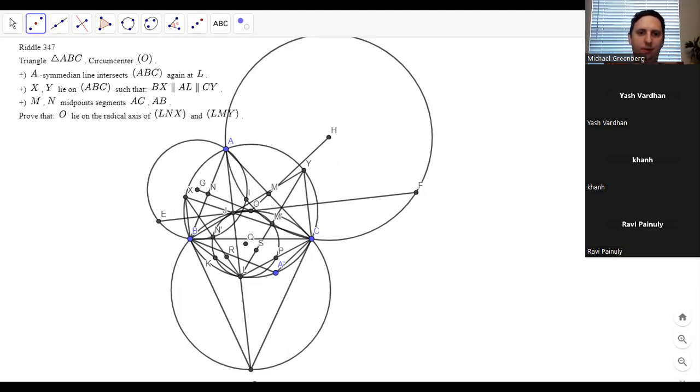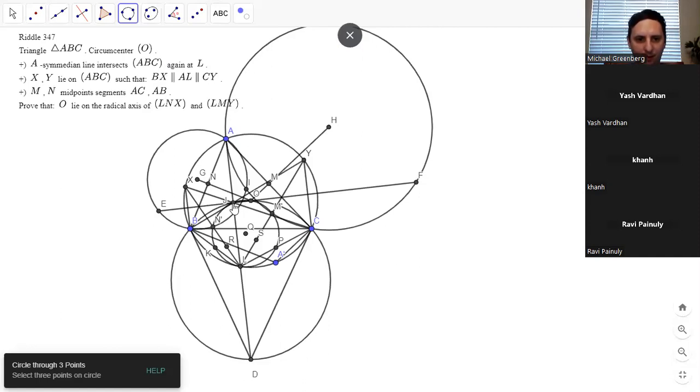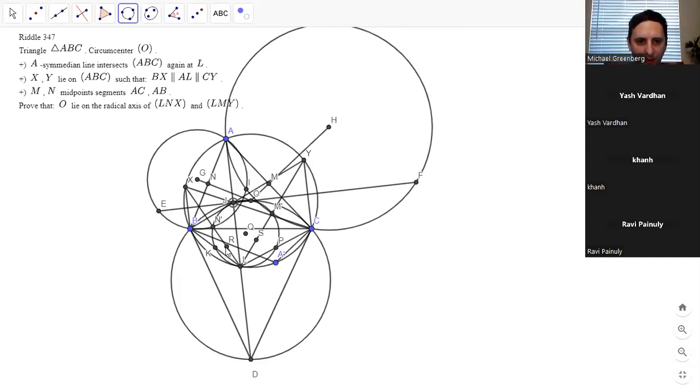I don't know if that's just doing a homothety for no reason. Okay, JSP. Yeah, it's interesting, but I don't know if it really makes the problem easier.